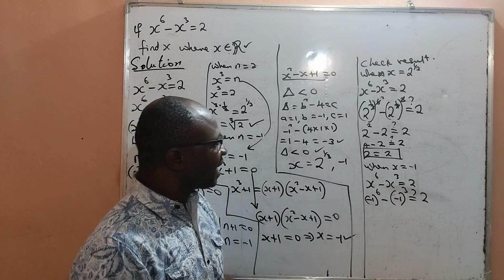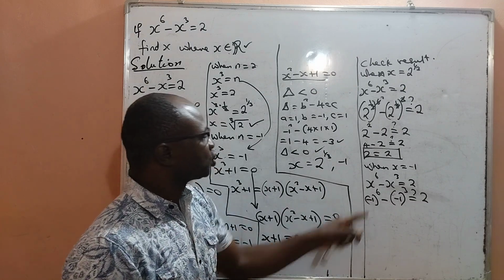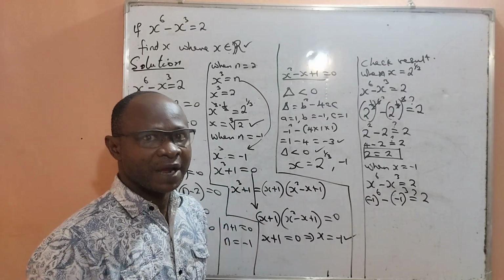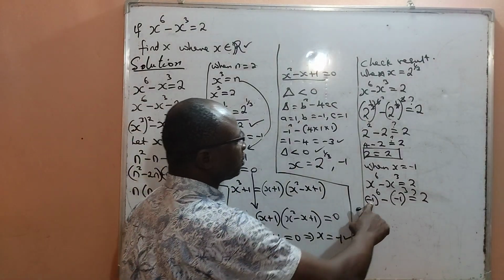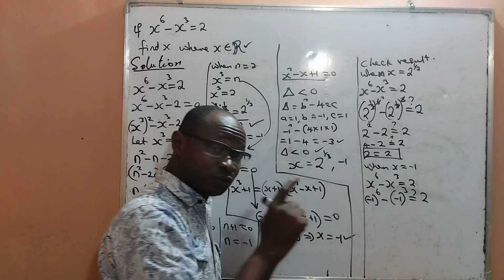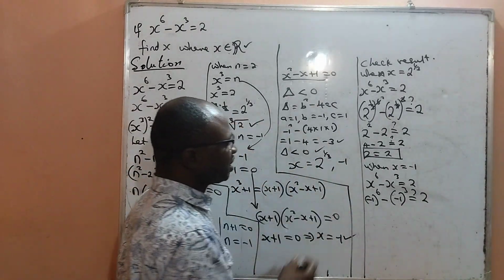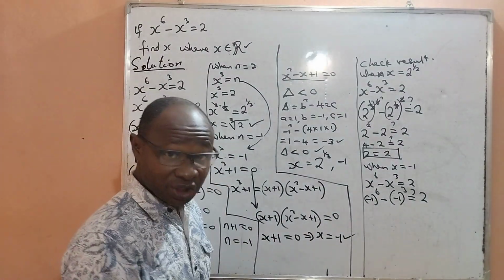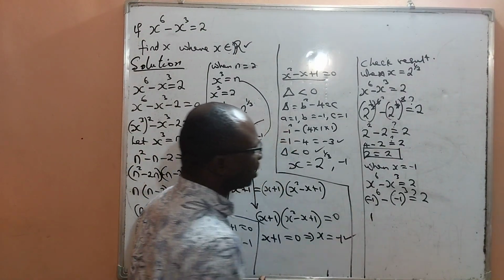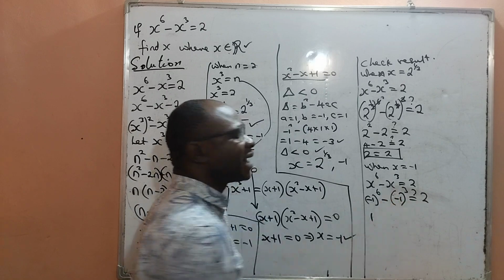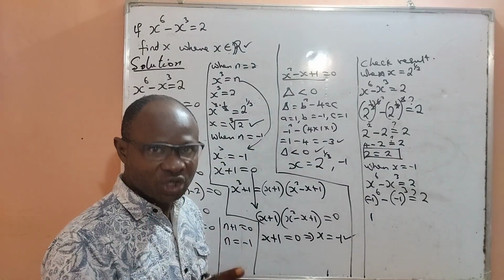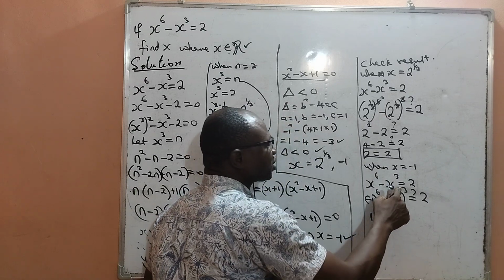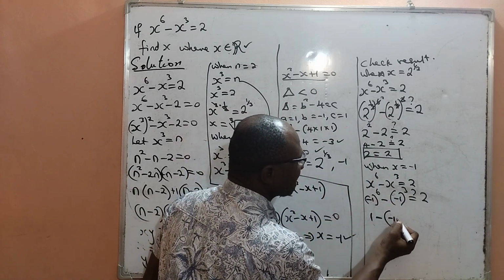Whenever negative 1 is raised to an even power, the value will be positive 1. What I'm saying is that minus 1 raised to an even number will give us positive 1, so here I got 1. Also, minus 1 raised to an odd number will give us negative 1. So minus, minus 1 raised to an odd power will give us minus 1.